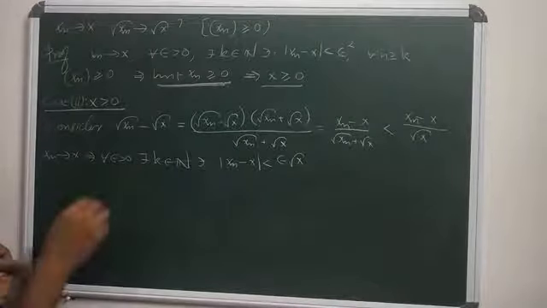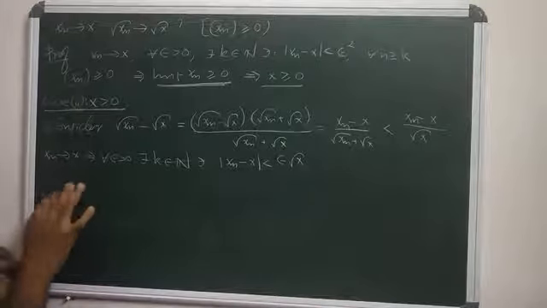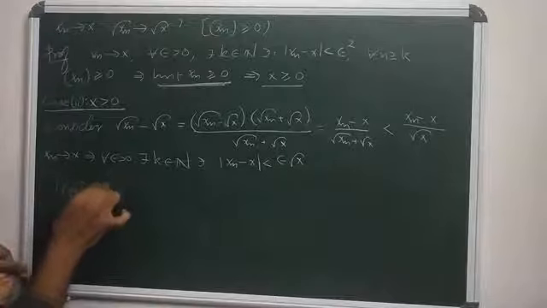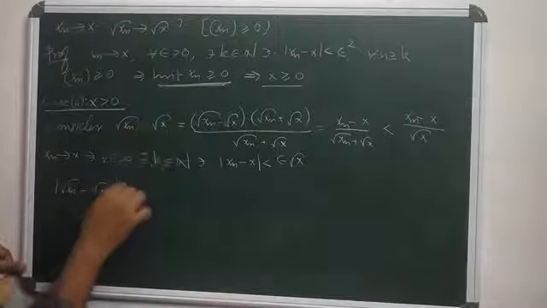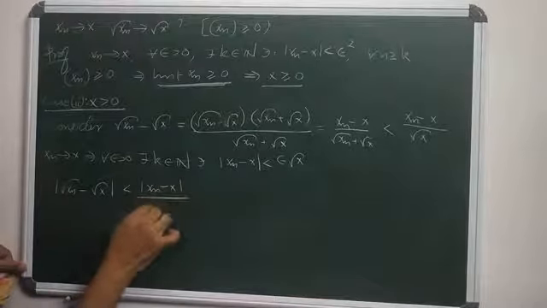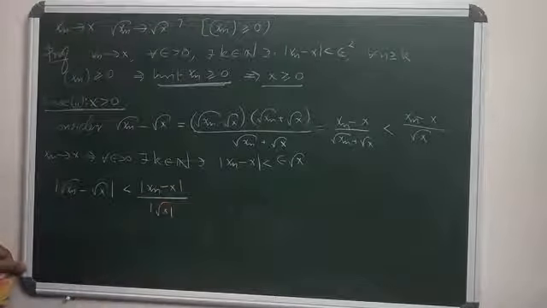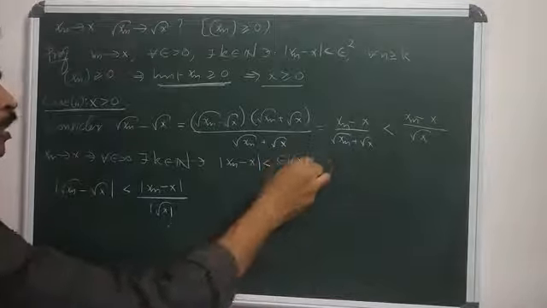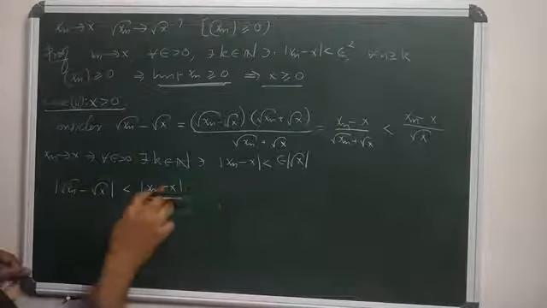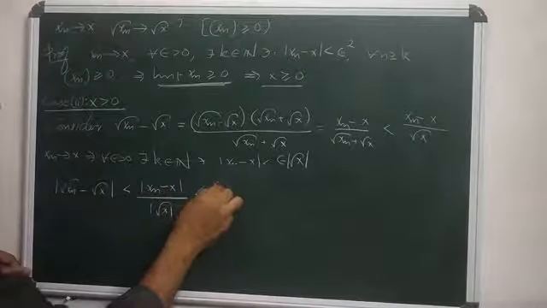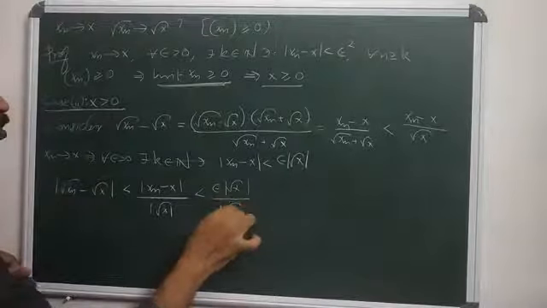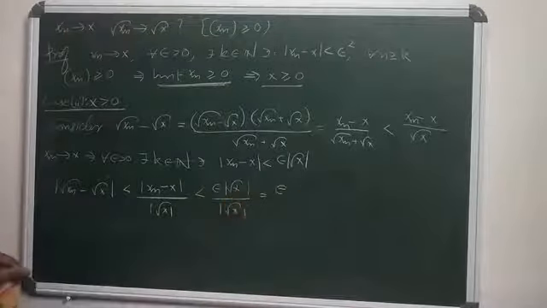Clear? Therefore, now consider |root xn - root x|. It is less than |xn - x| divided by |root x|. So |xn - x| is strictly less than epsilon times |root x|, divided by |root x|, which equals epsilon.